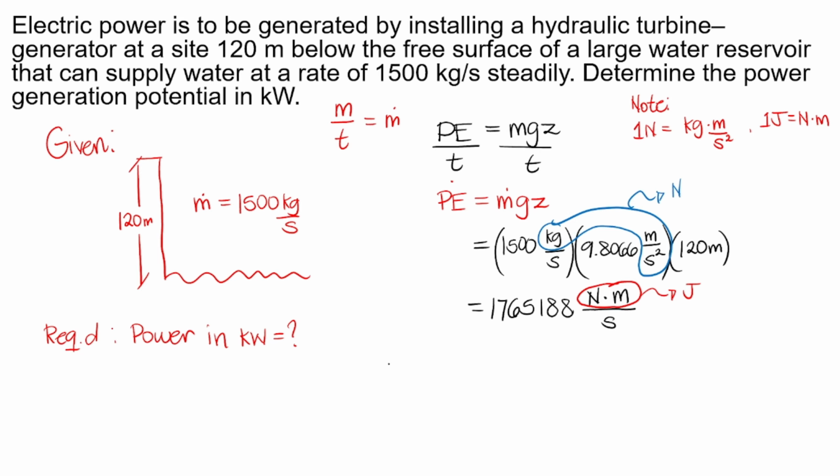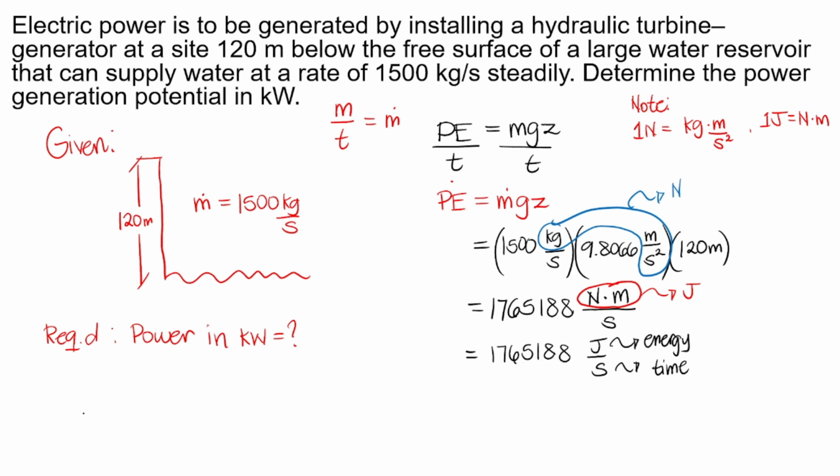Alright, so proceeding, the value stays the same, 1765188, and the unit will now become joule per second. This is energy. Joule is the unit of energy, and second is a unit of time. Makikita natin na tama na yung units natin because power is energy per unit time.